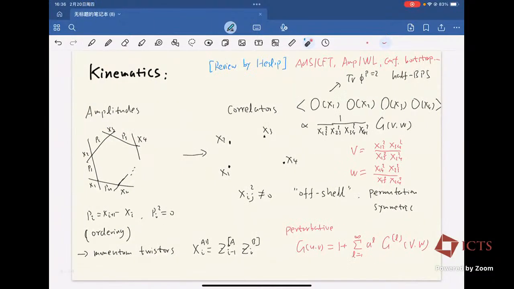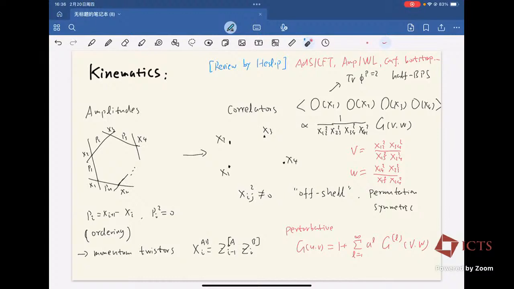So I'll start with some very basic things. The kinematics of n-point amplitudes are given by n on-shell momenta that you can draw as a polygon. Since we study the planar limit, given a color ordering, you can define these dual variables, the vertices of this polygon of momenta.